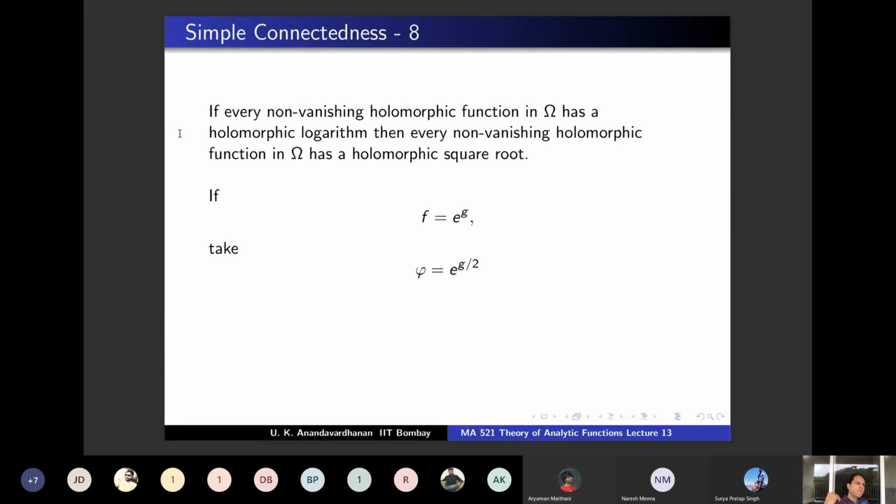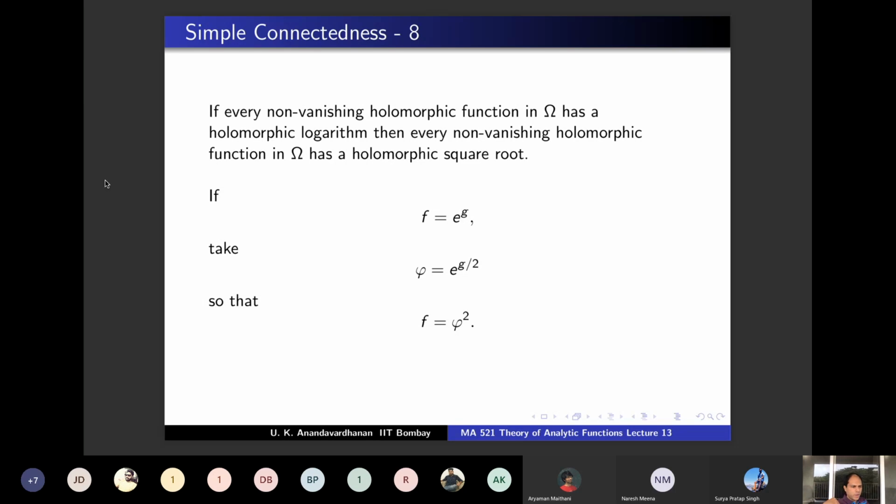We have in fact taken nth root earlier in the proof of OMT. So take g by 2 and define phi to be thus. Phi is holomorphic because g is holomorphic, therefore g by 2 is holomorphic. E power g by 2 is holomorphic, so phi is holomorphic and f is phi square. So in other words, phi is the square root of f and phi is holomorphic. So if every non-vanishing holomorphic function has a holomorphic logarithm, then every non-vanishing holomorphic function has a holomorphic square root.